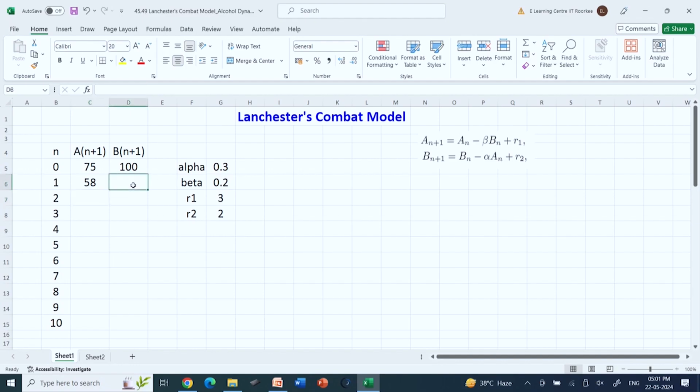And this value is equal to Bn, which is 100, minus alpha, which is this, multiplied by An, which is this, alpha is a constant, and plus R2, again a constant.